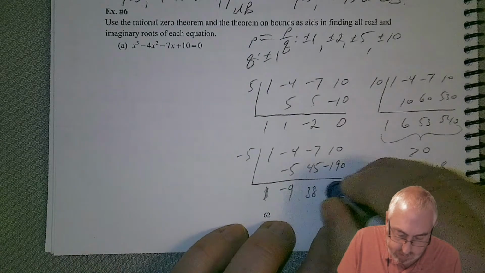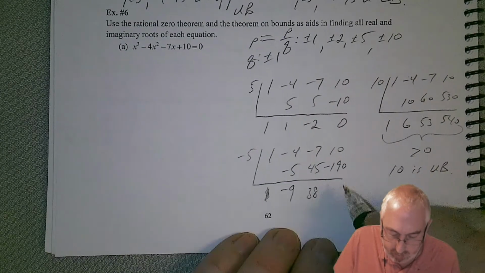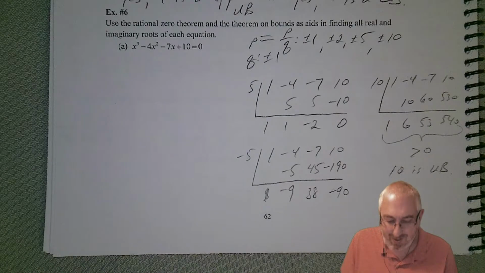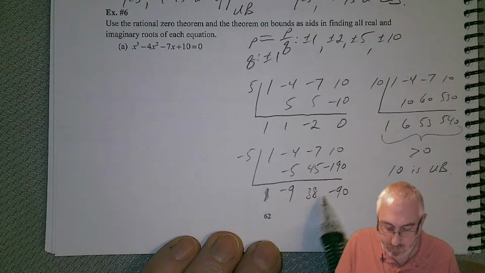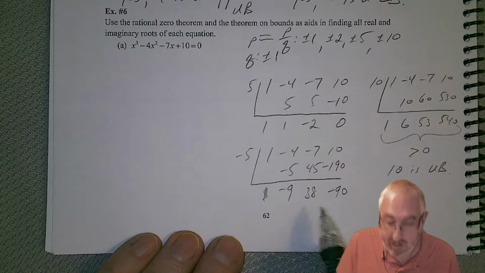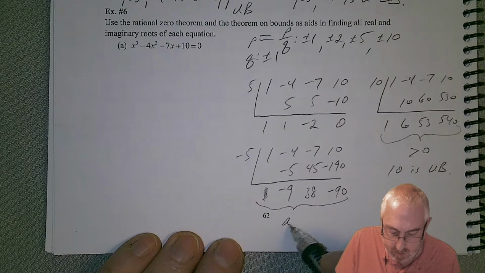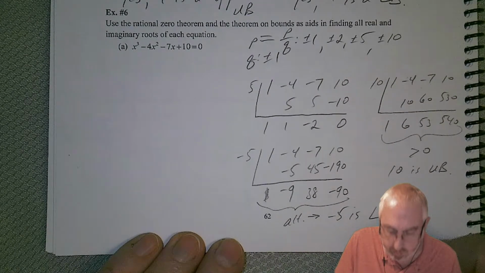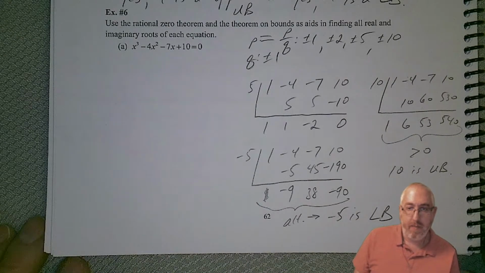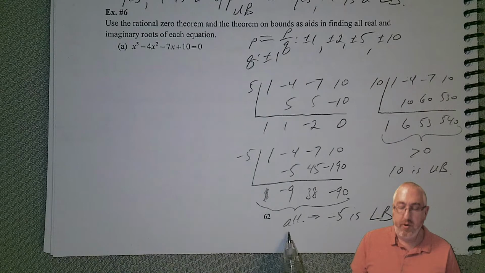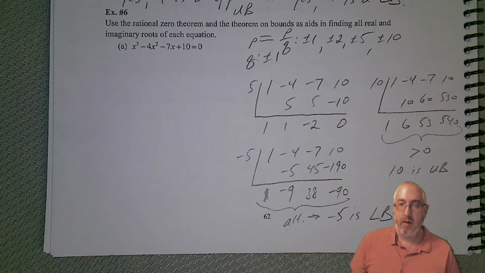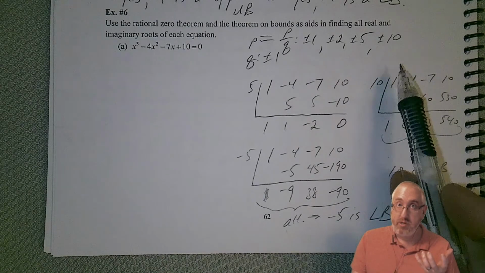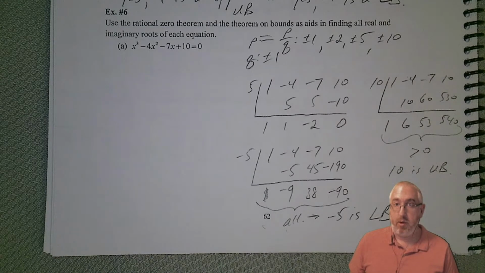So that does give us a lower bound. Be careful of those negatives, even me. So just be careful. So negative 190, so that does alternate signs. So we can say negative 5 is a lower bound. So they do alternate. So we do have that conclusion. So we wouldn't have had to check negative 10 as a possible 0 because negative 5 is a lower bound.